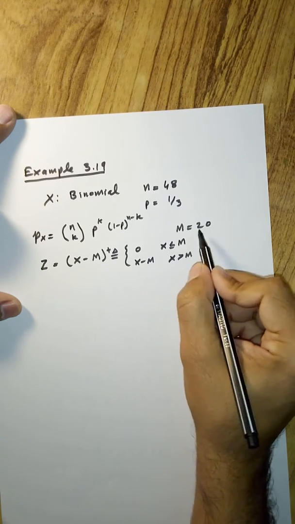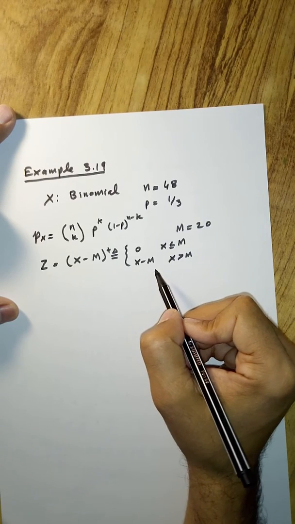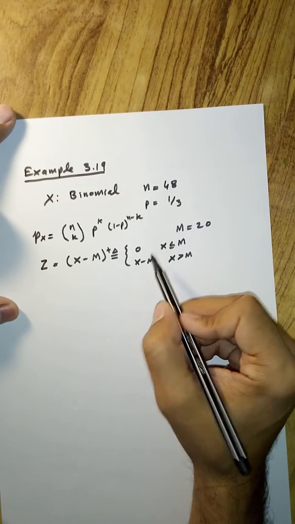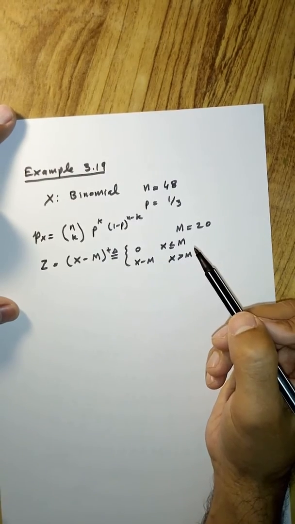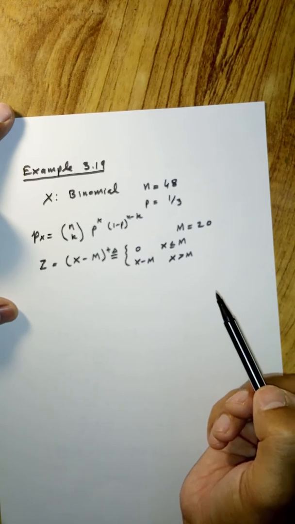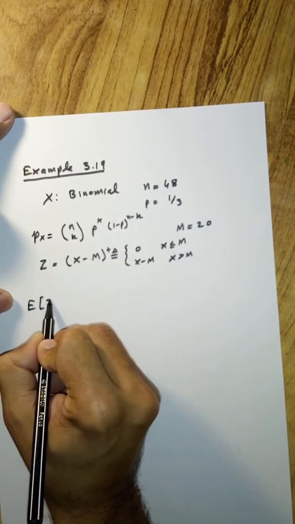So whenever x is greater than 20, the value will be x minus 20, and whenever it's less than or equal to 20, the z value will be 0. It's not very straightforward, but this is the function, and we have to find the expected value of z.